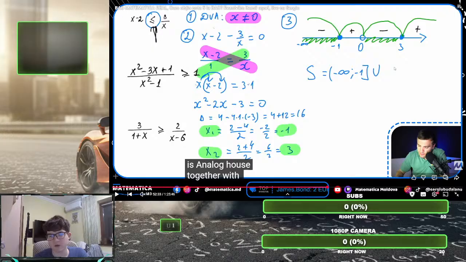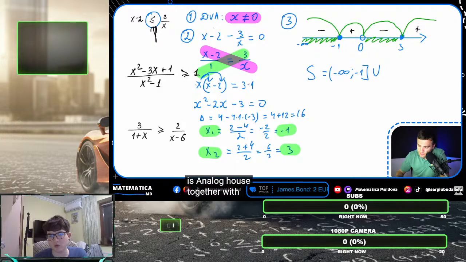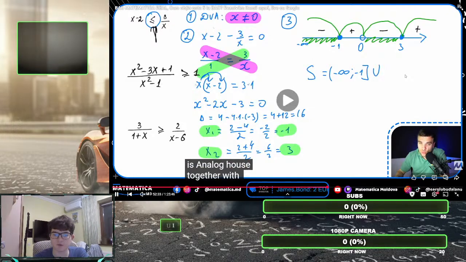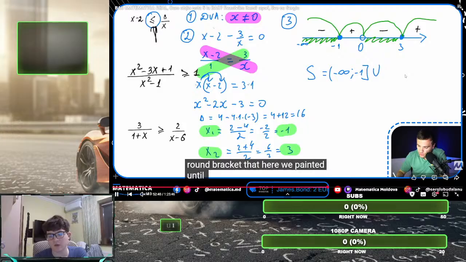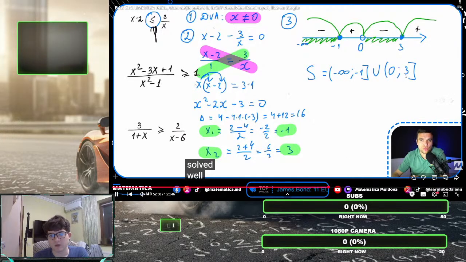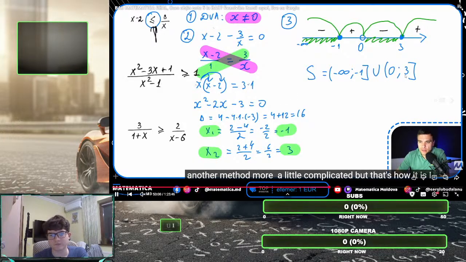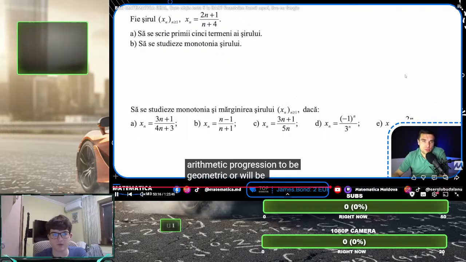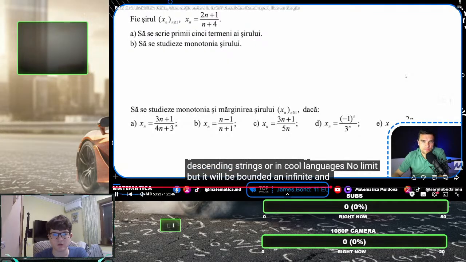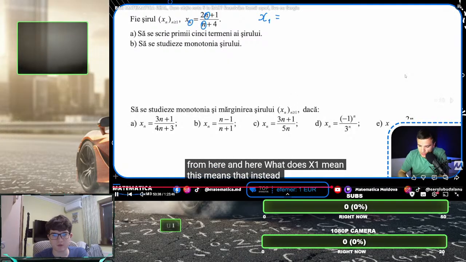And the union, a big U, from 0 till 3. 0 has a curved parenthesis and 3 has a square parenthesis. Okay, that's done. That's precisely correct.